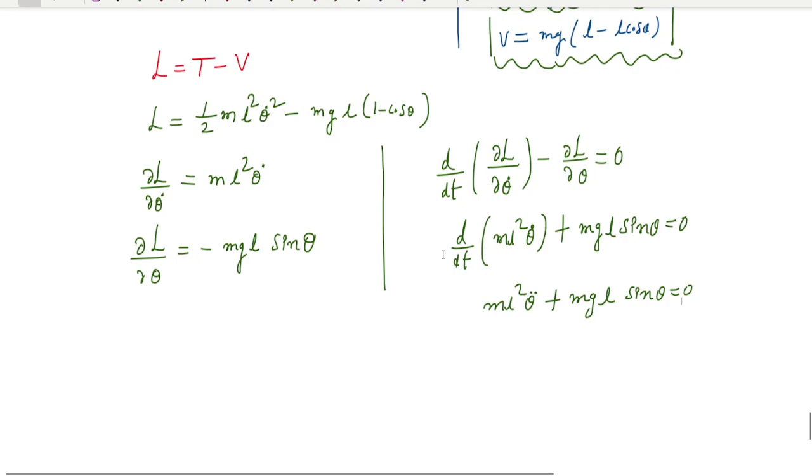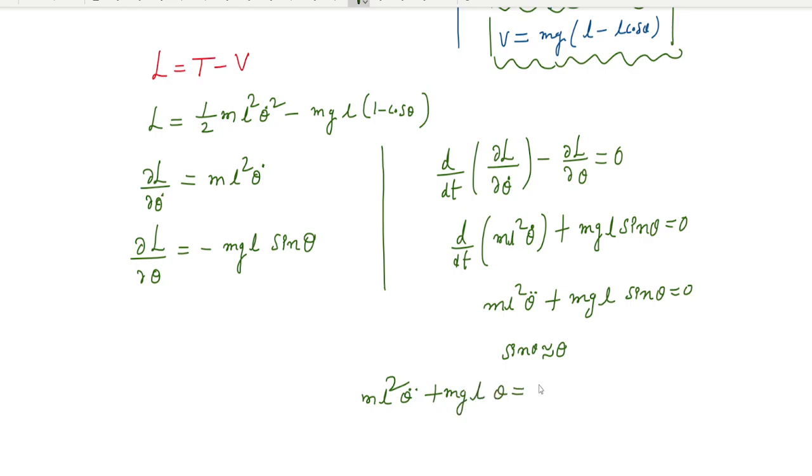Suppose our system, the simple pendulum, has very small oscillations, which means small amplitude oscillations. Then sine theta is very small, so we can write sine theta approximately equal to theta. Then we get m L square theta double dot plus mgL theta equal to 0.